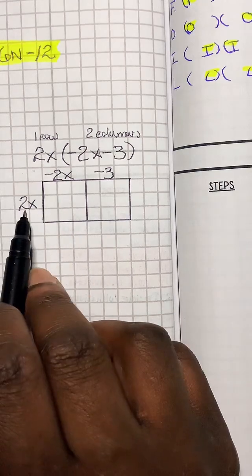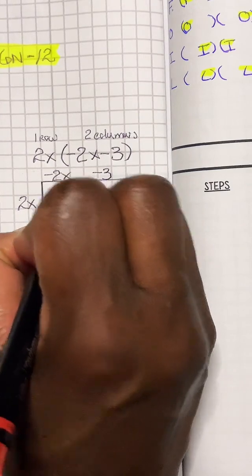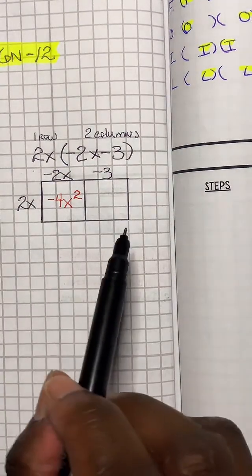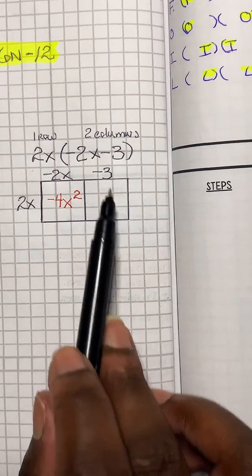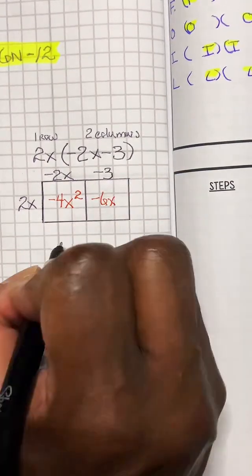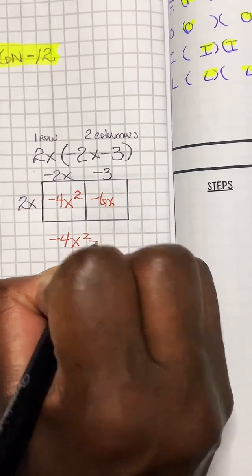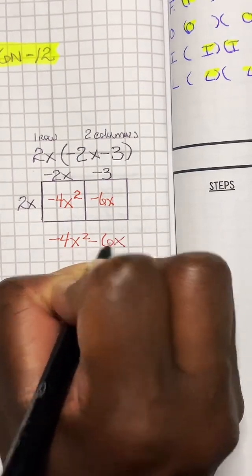Negative 2x times 2x, negative 4x squared. I know by the time you finish drawing the boxes, you should be finished with the answer. I know, but I'm being obnoxious. And then we have negative 3 times 2x, which gives us a negative 6x. So that means we have an answer of negative 4x squared minus 6x.